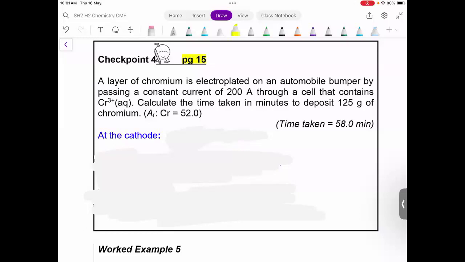Just remember that equation and know how to use it. If you are not sure how to start, you can go through the worked example first.